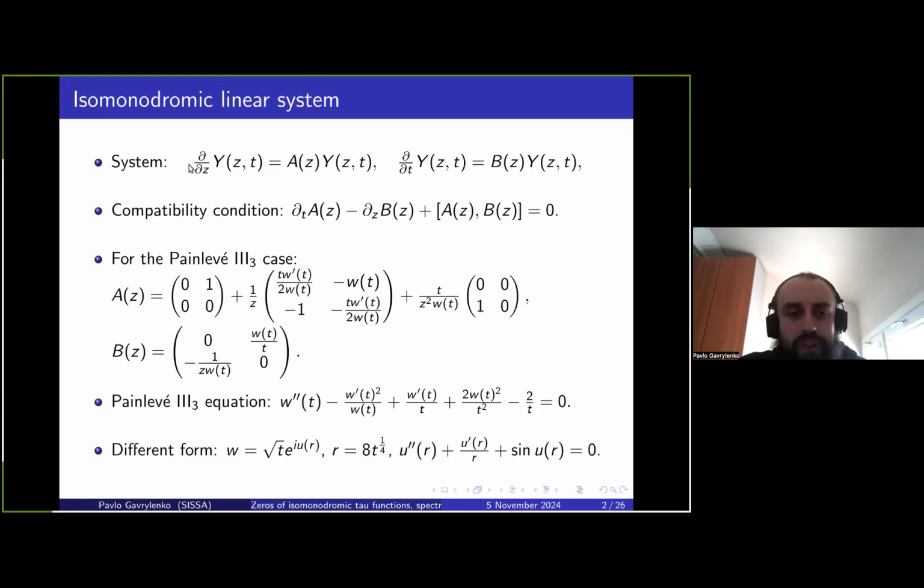So the first equation is something like the Lax pair equation, stating that y is an eigenfunction of A, but instead of the eigenvalue, we have a derivative, d/dz.